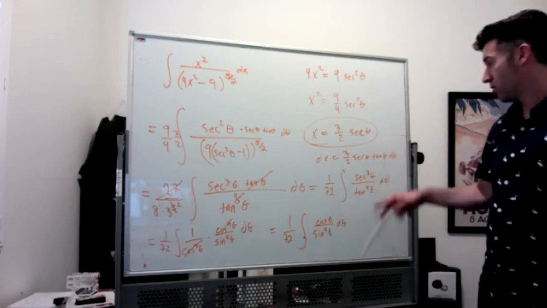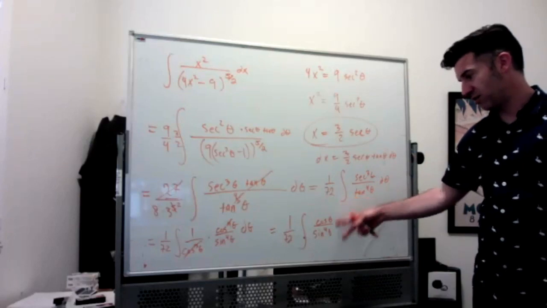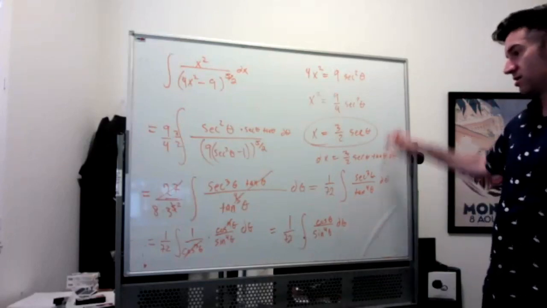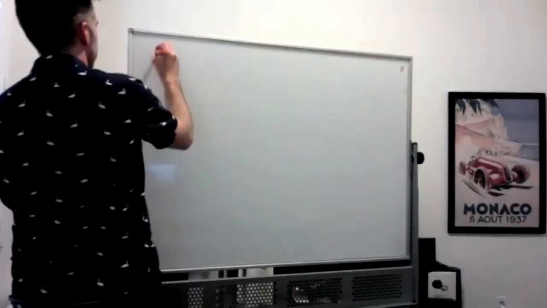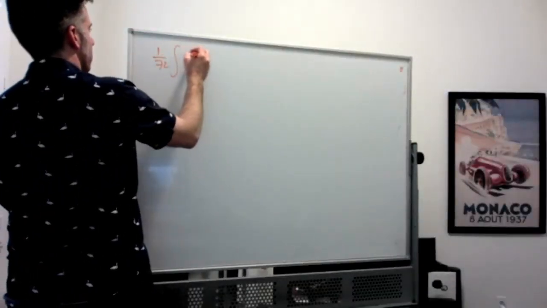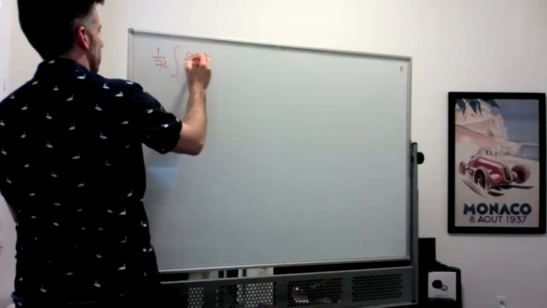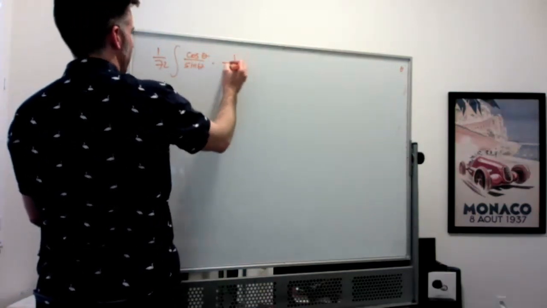So yeah, rewrite this as cosine over sine to the fourth, and then rewrite this as cosine over sine. And then we also have a 1 over sine cubed.